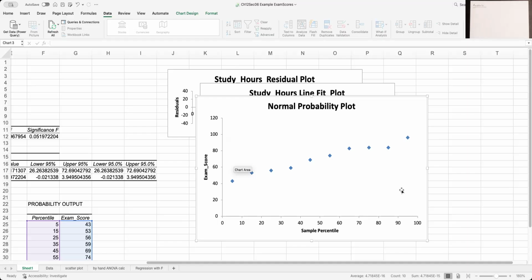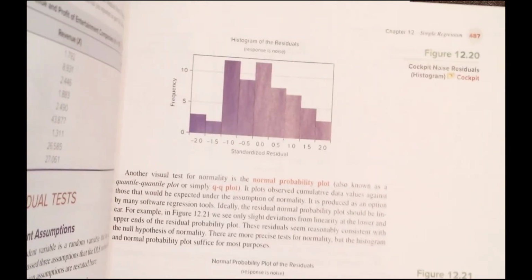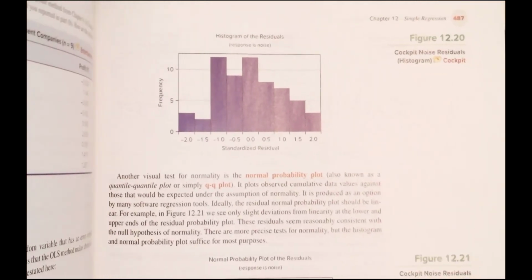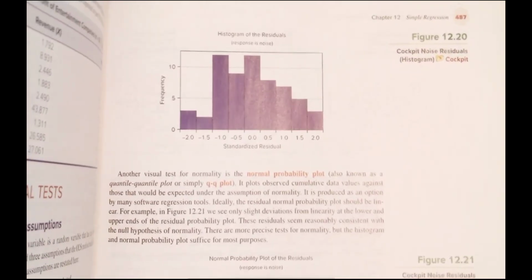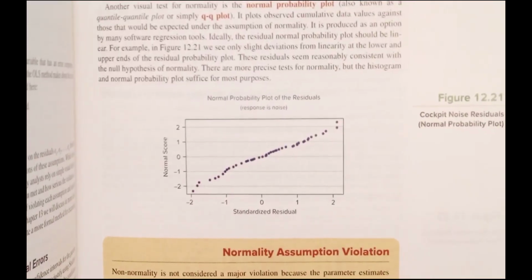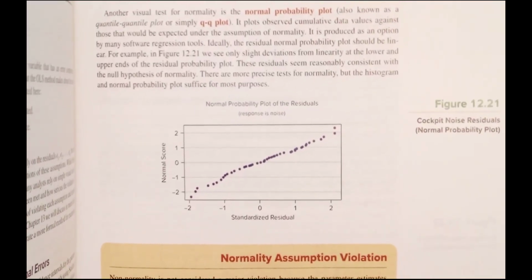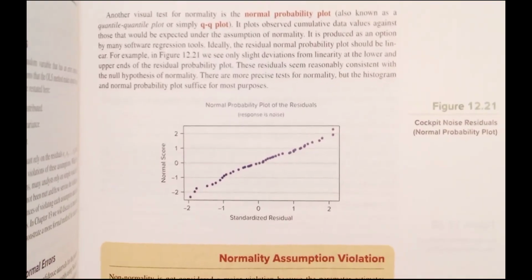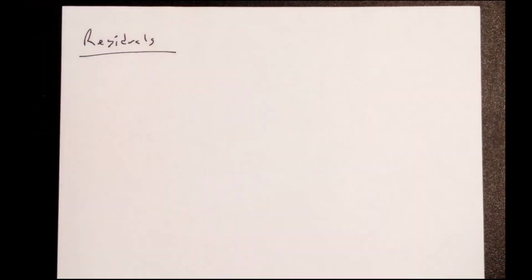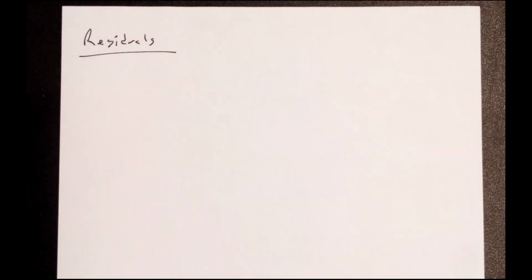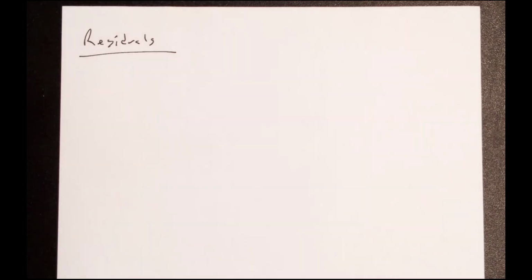I did another example in the textbook on page 487. We have this discussion about cockpit noise in airplanes. And when they do the normal probability plot, they get this. There's a couple weird things at each end, aren't there? But most of it's a straight line. Yeah, that's pretty good. I did the exact same thing in Excel, because that is one of our recorded files, so I can just pull up the cockpit file.